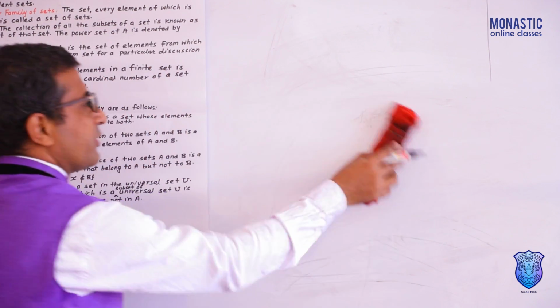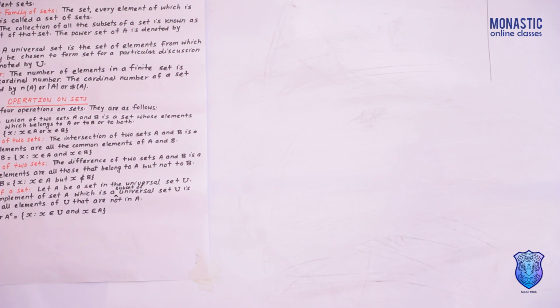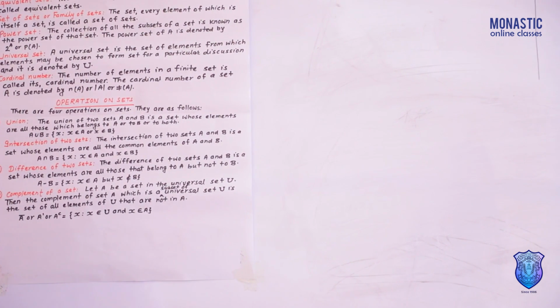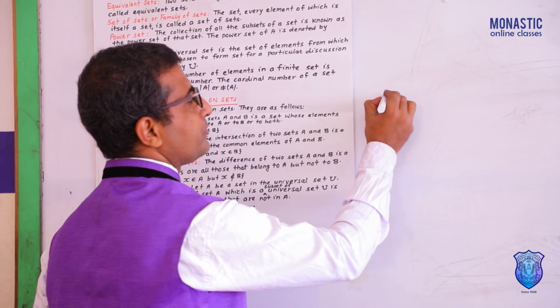After the types of sets, we have operations on sets. There are 4 major operations on sets. The first one is union.